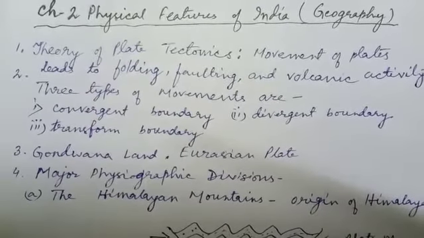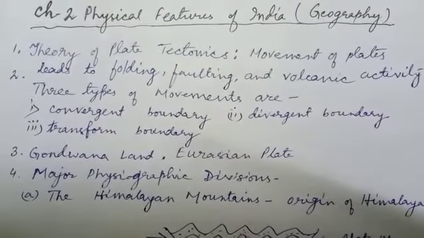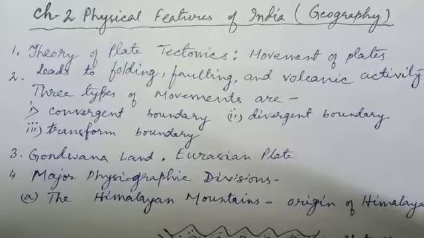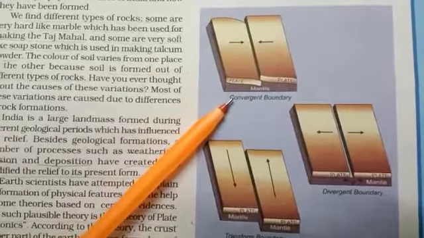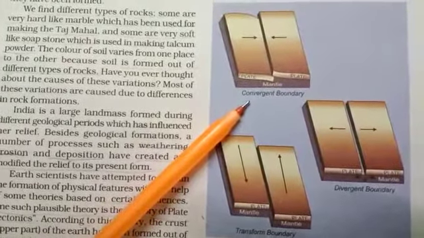What is a convergent boundary? When two plates move towards each other, they form a convergent boundary. Now look here, you can see the two plates move towards each other.